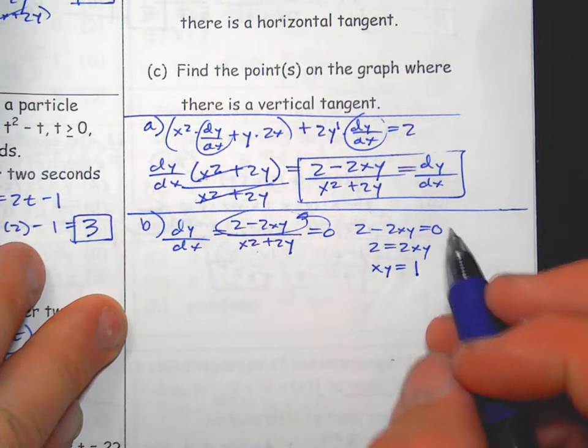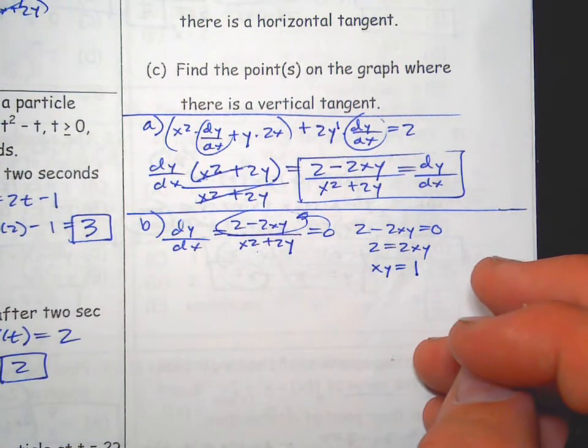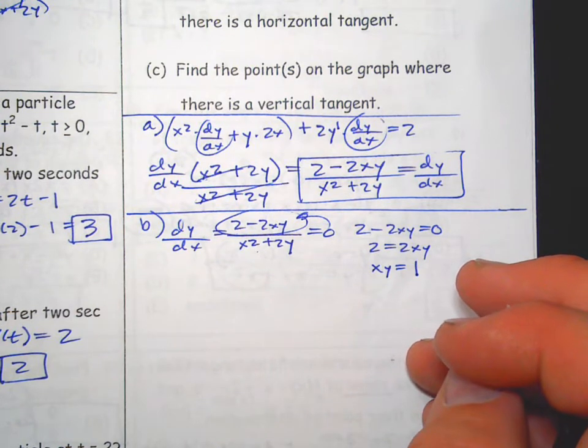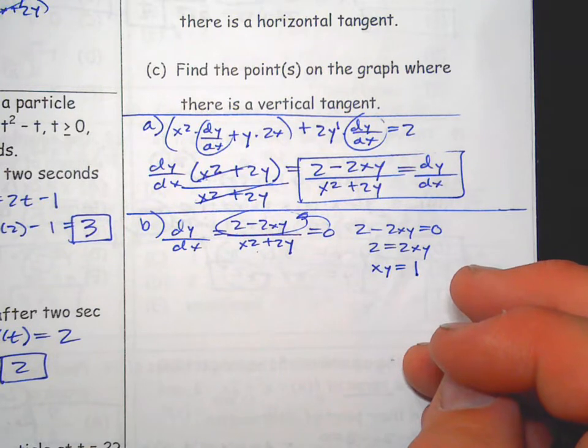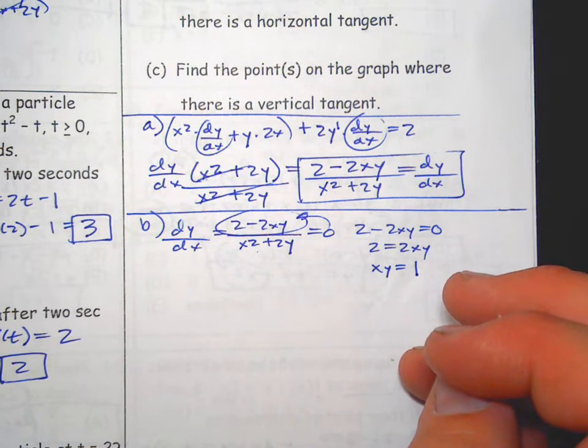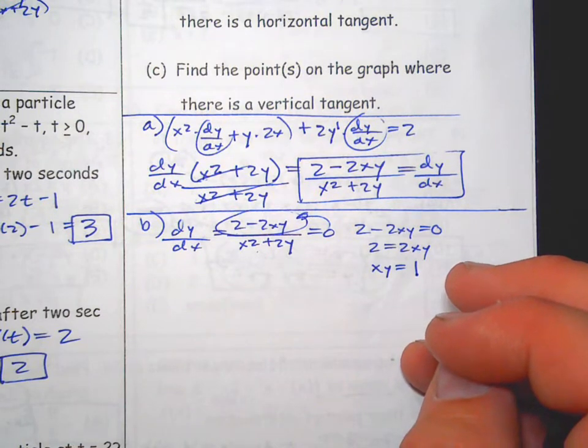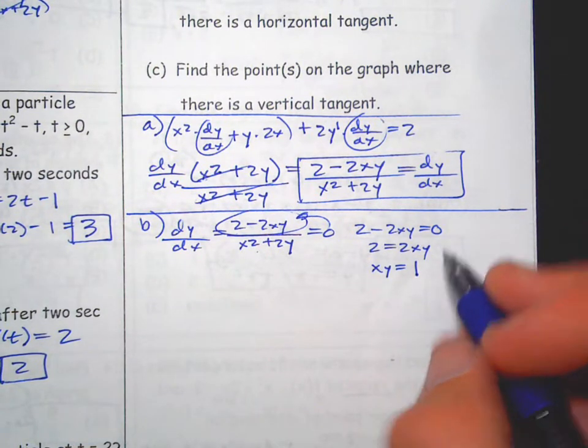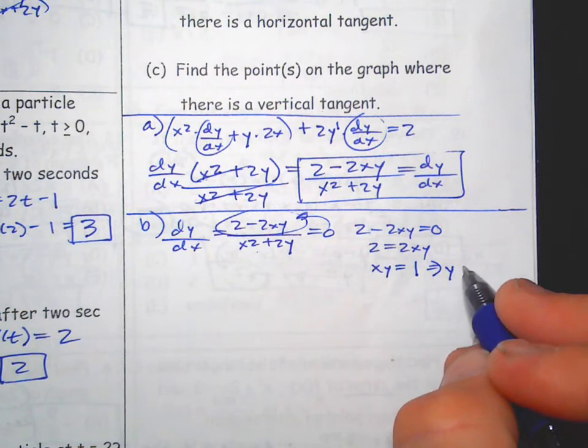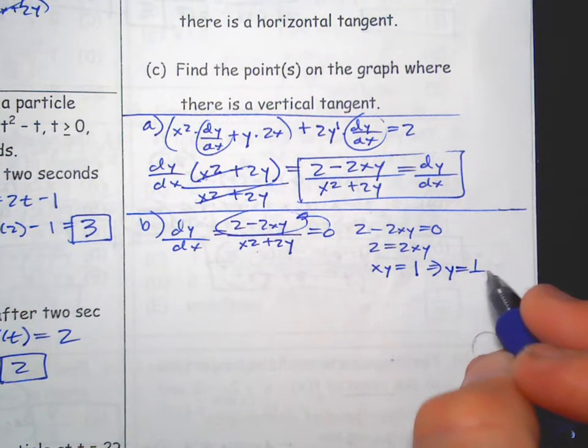Well, how do we finish solving this? We have the original equation, and y equals 1 over x.